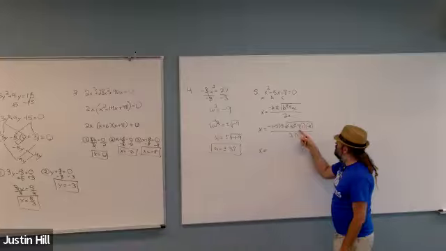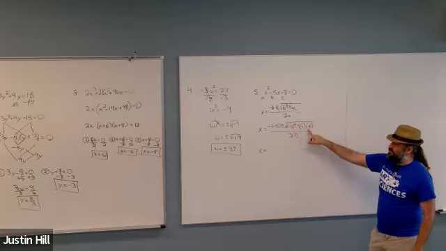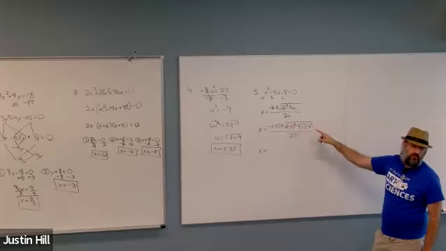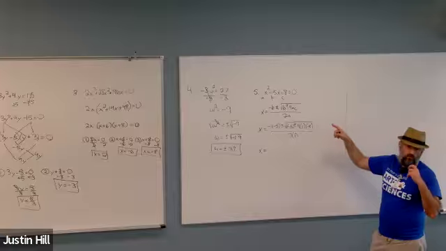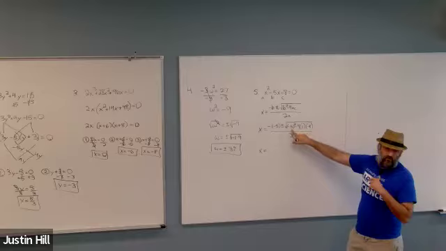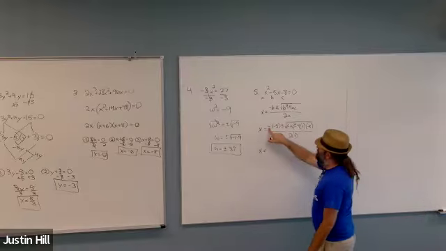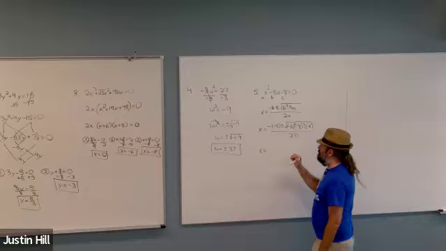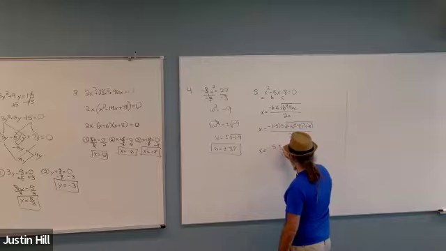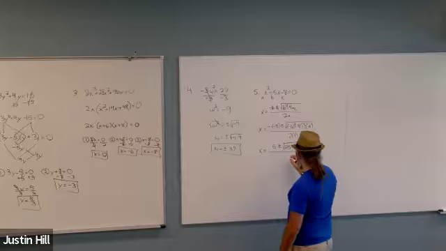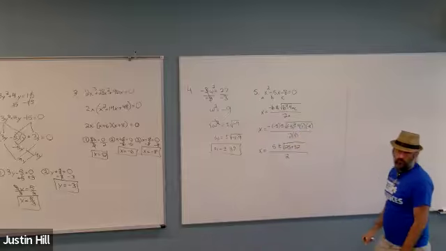So 4 times 1 times negative 8, what did you get for all that? That should be 32. What about the negative 5 squared? Positive 25. And this negative 5 we're turning into a positive 5, so this would be 5 plus or minus the square root of 25 plus 32, over 2.